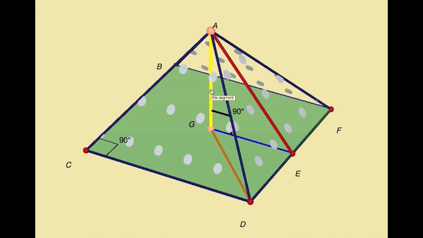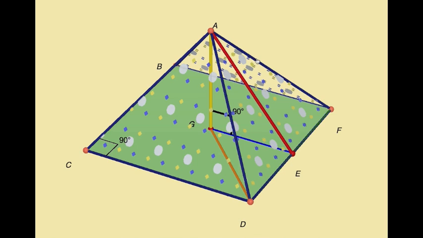Here's the altitude, or the height, and here is the slant height. Lateral edges would be, for example, AF, AD, AC, AB. And then base edges would be things like BC, CD, DF, and BF. So there we go, parts of a pyramid.